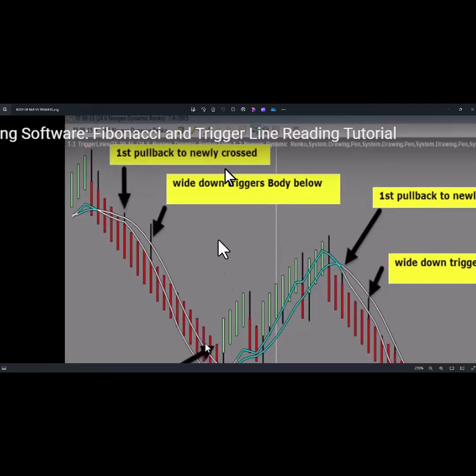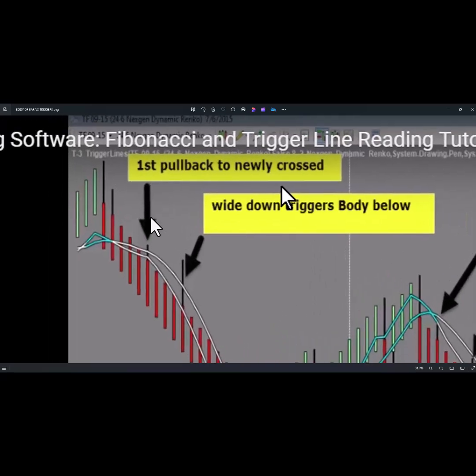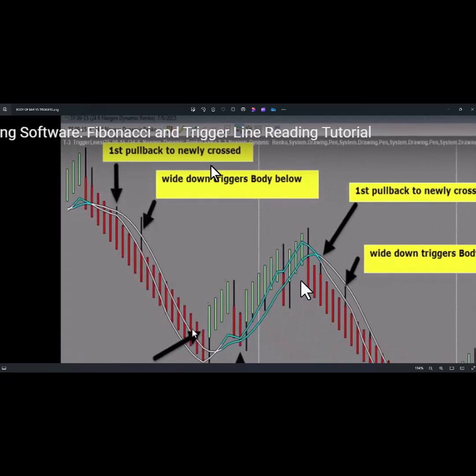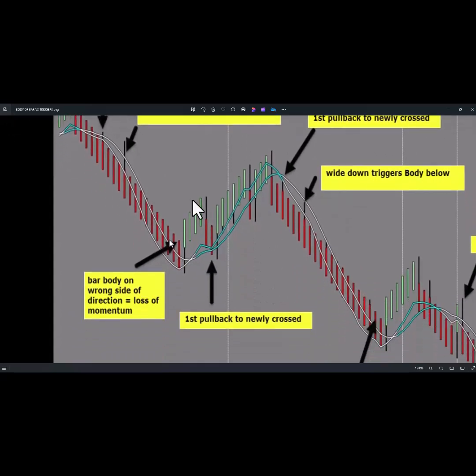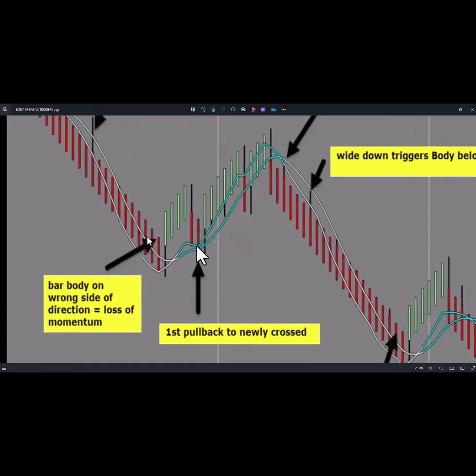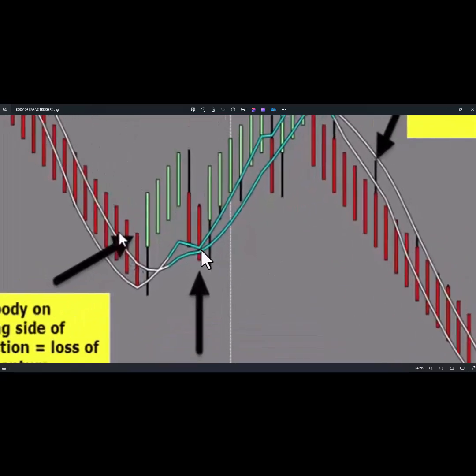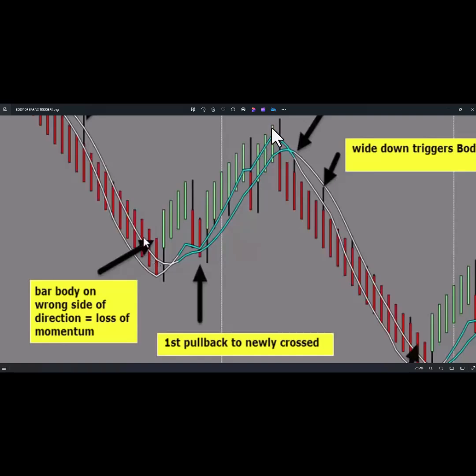It's the same thing. This is a 24/6 dynamic Renko bar. I don't know if you can see that up at the top, but why was it a 24/6? I don't know, but it doesn't really matter. The concept is universal. So price bars get above, the triggers cross up, the market goes up a little bit.